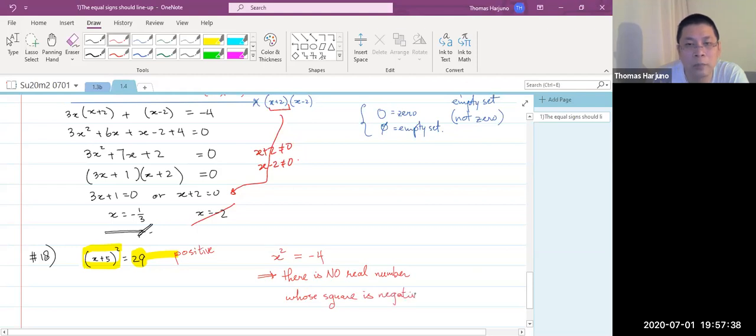It's a complex number. So if you have something squared equals a negative number, you will say no real solution.